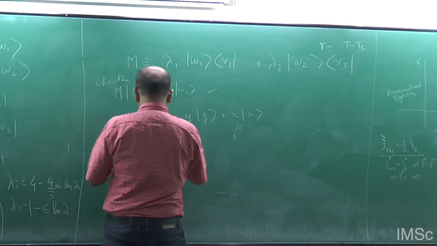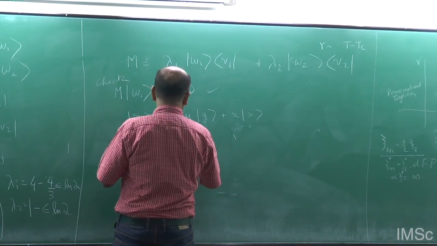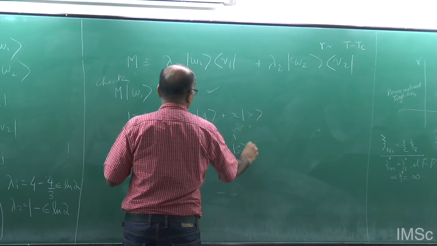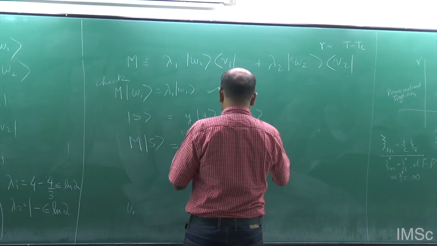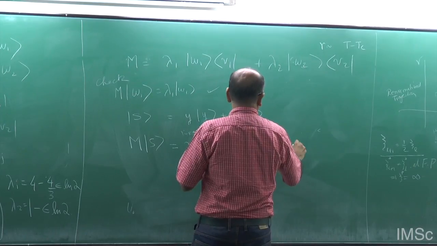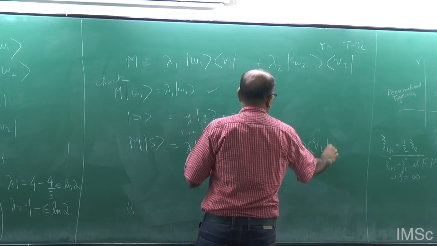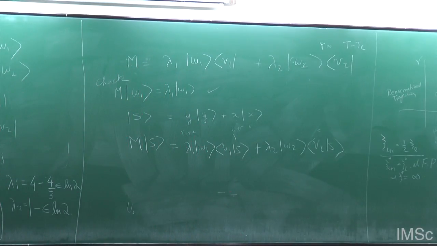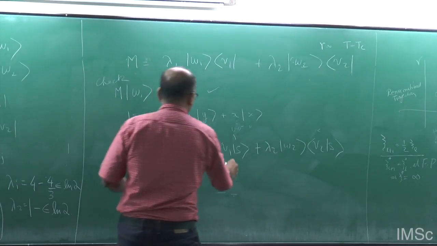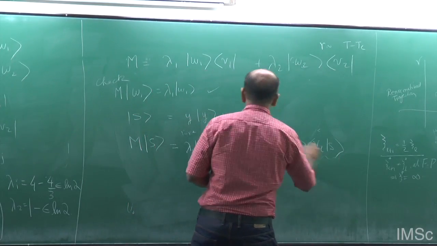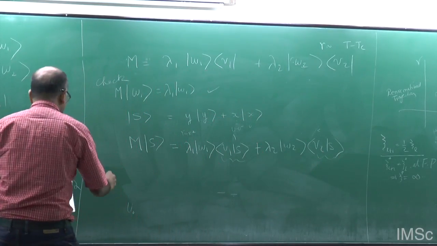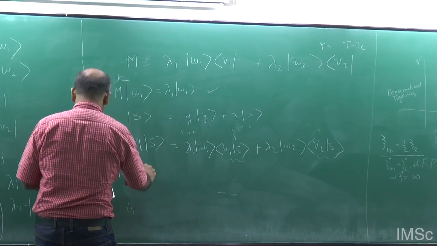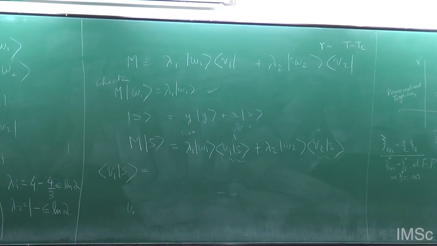So M acting on this is basically what? Lambda 1 on that plus lambda 2 on that. Okay. So we need this guy and this guy in this basis. So let's write V1 in the S basis as, so what is our V1? This is our values.